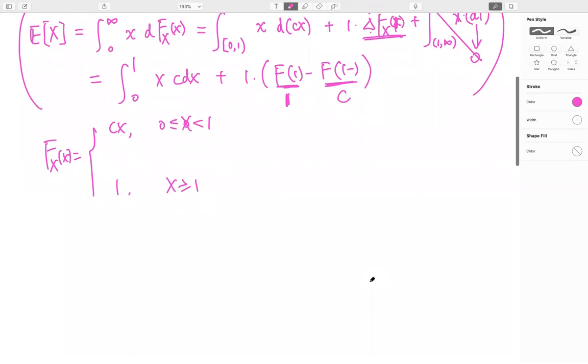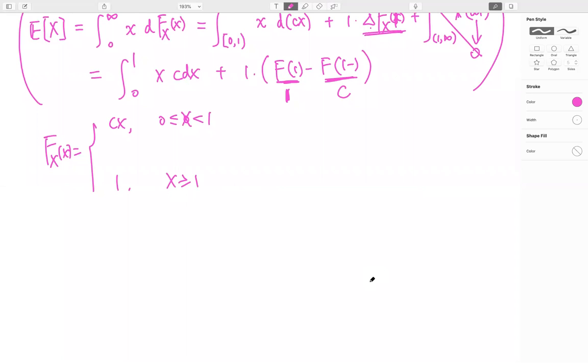So let's do the analysis. For this part, we know the left point will give me c, so that is the maximum probability I can get on the continuous part.